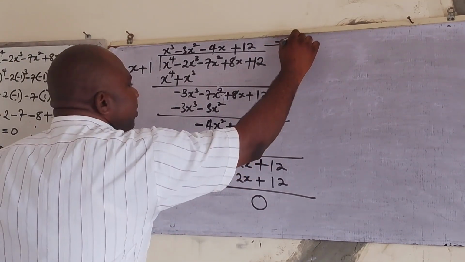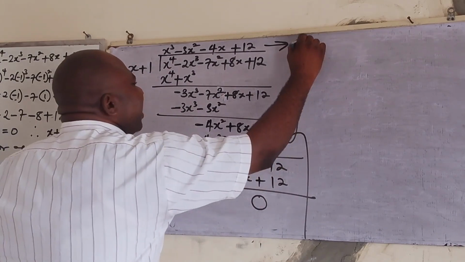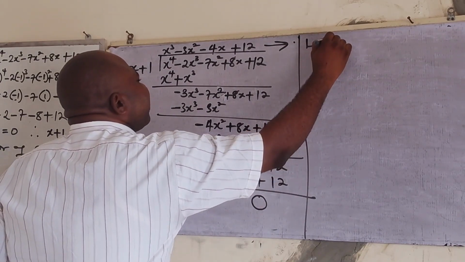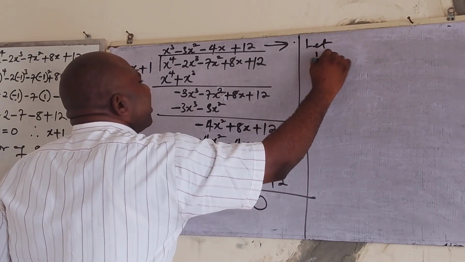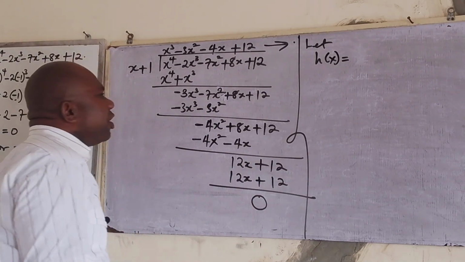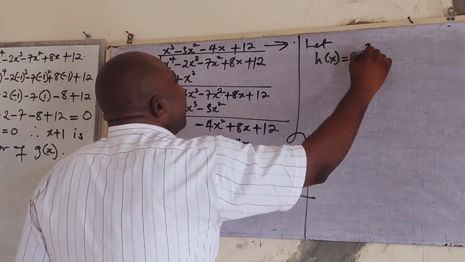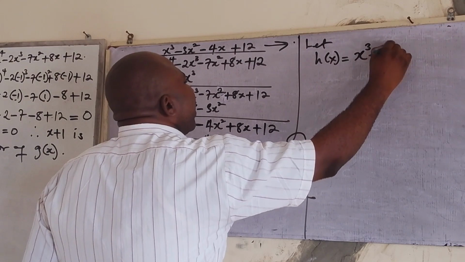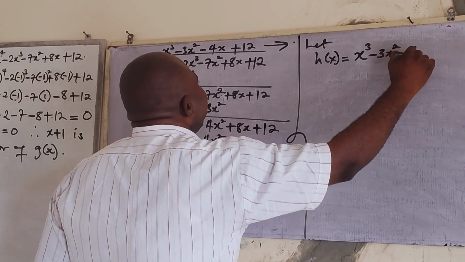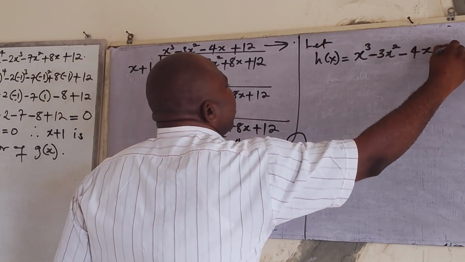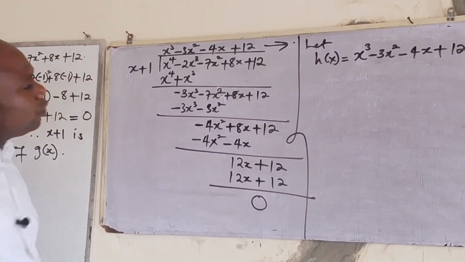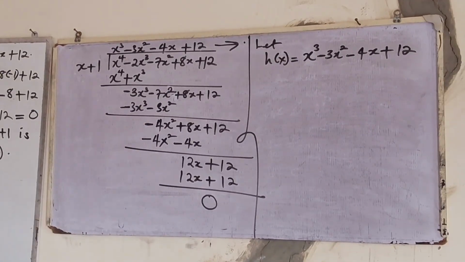So at this point, let h of x be equal to x raised to the power of 3 minus 3x squared minus 4x plus 12. Now we are still going to substitute values here.